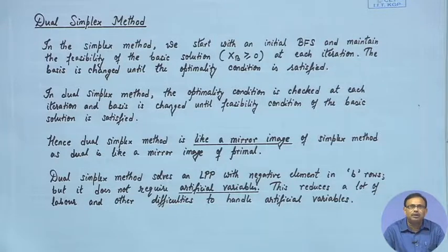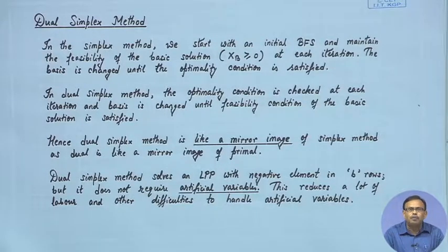But in this case, the basis is changed while checking whether the optimality condition is satisfied, until the feasibility condition of the basic solution is satisfied, that is until x b greater than equals 0. So, we are doing just the opposite. For this reason, we call the dual simplex method a mirror image of the simplex method, as the dual is like a mirror image of the primal.